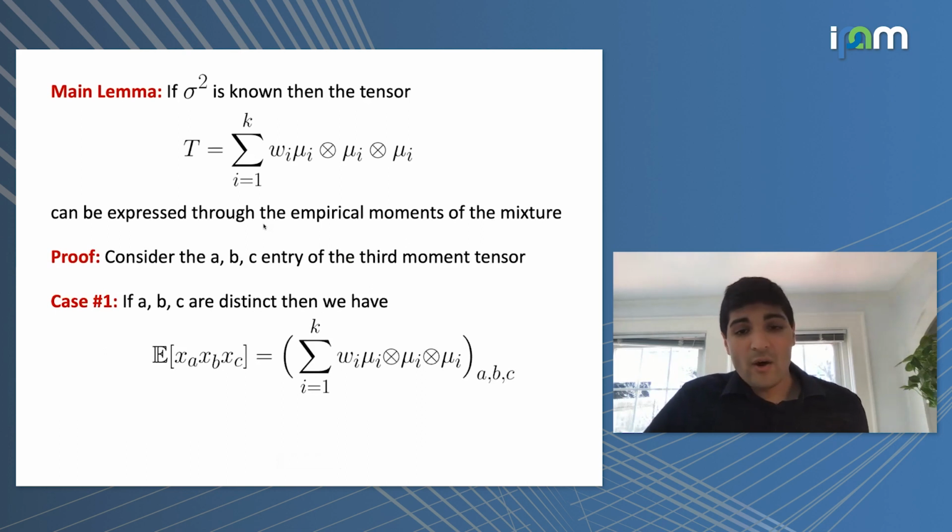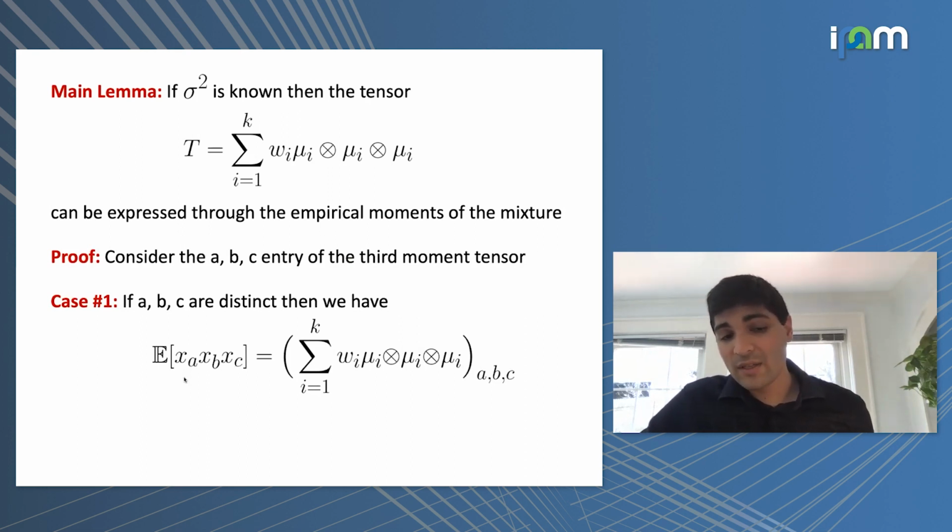Now, if instead I look at the output random variable x, which is a length n vector, because I'm taking a random sample from a spherical Gaussian mixture model, let's say that A, B, and C are distinct. So I don't have any repetition among these indices.